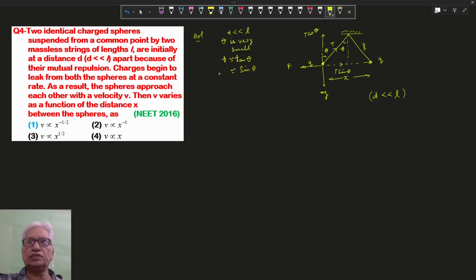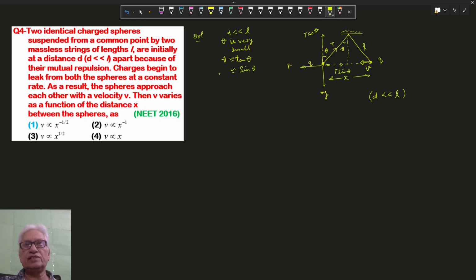In this question, both have charge q, so a repulsive force is there between the two charges. If the charge is leaking, if charge q is decreasing, the force is decreasing, and these two charges will come closer with velocity v at the instant when the gap between them is x.